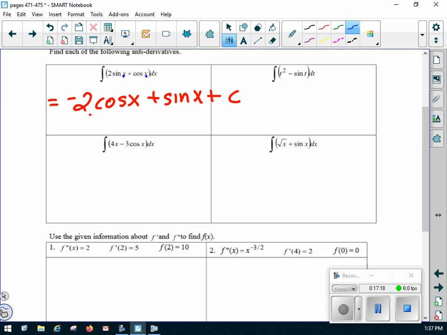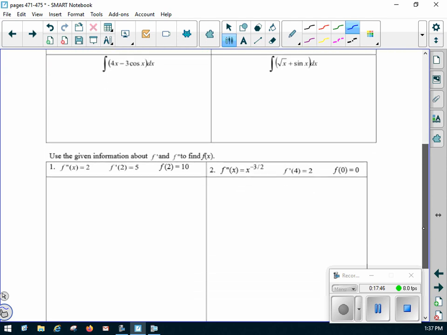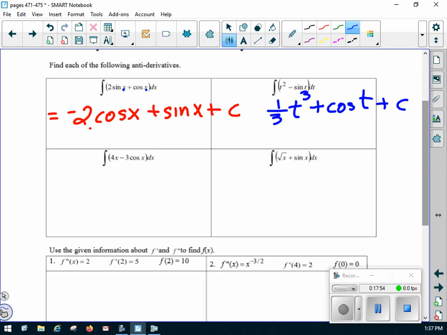What do you think about this one? One-third t cubed? Why do you say plus cosine? Because the derivative of cosine t is minus sine t, which is what's sitting right here. No, because this equals this. So no, we're not putting that integral symbol.